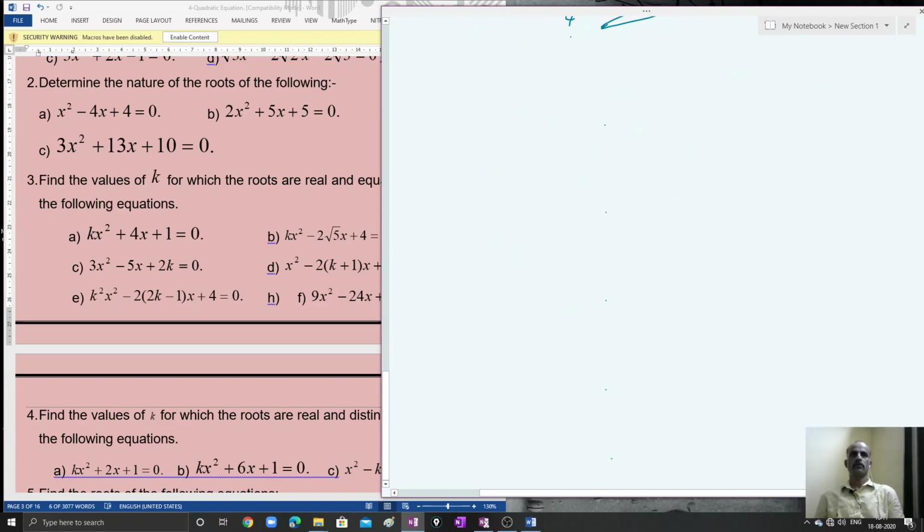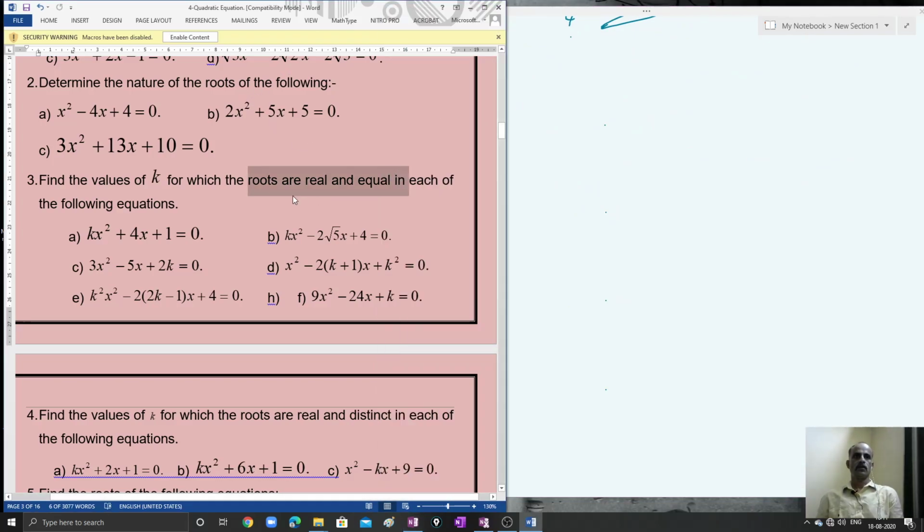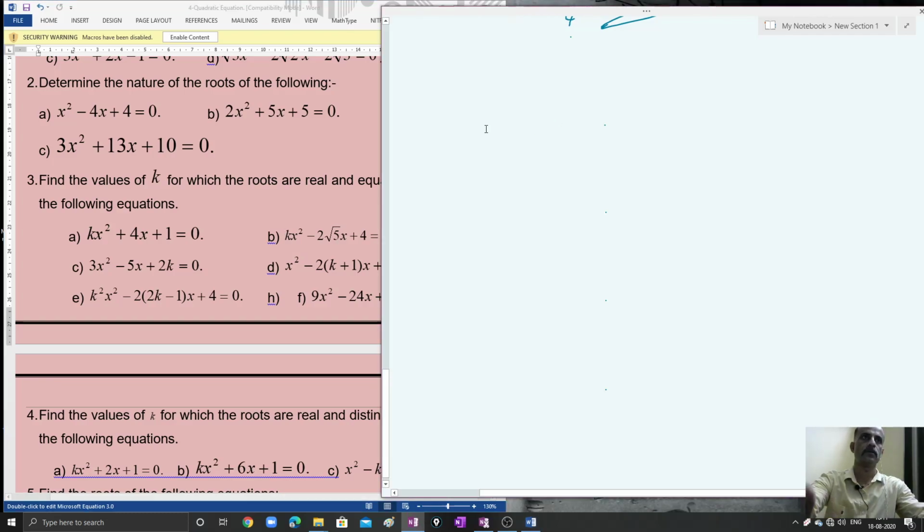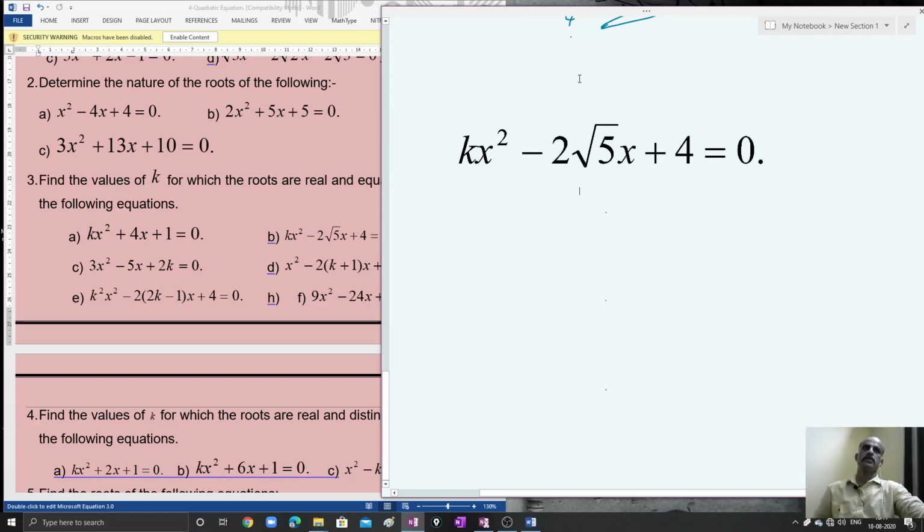Okay, we will take one more. Question number B. kx square minus 2 root 5x plus 4 equal to 0.